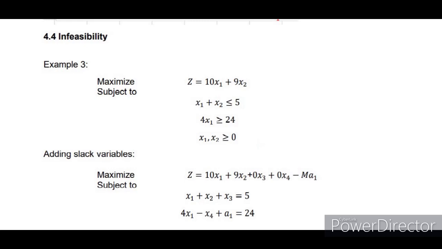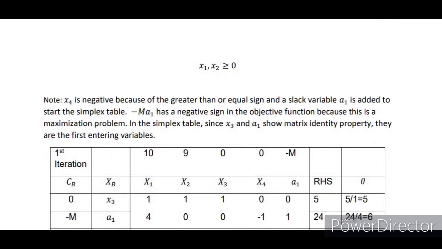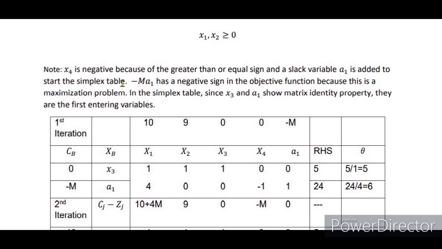So now let's go to the iteration. Note x sub 4 is negative because of the greater than or equal sign. The artificial variable a sub 1 is added to start the simplex table. So negative M a sub 1 has a negative sign in the objective function because this is a maximization problem. So remember that. Back in our minimization problem, the artificial variable is positive in the objective function, while here in the maximization problem, we have our artificial variable as negative.